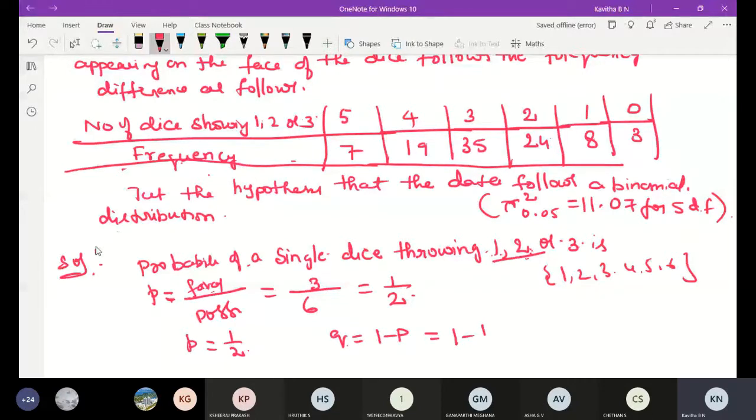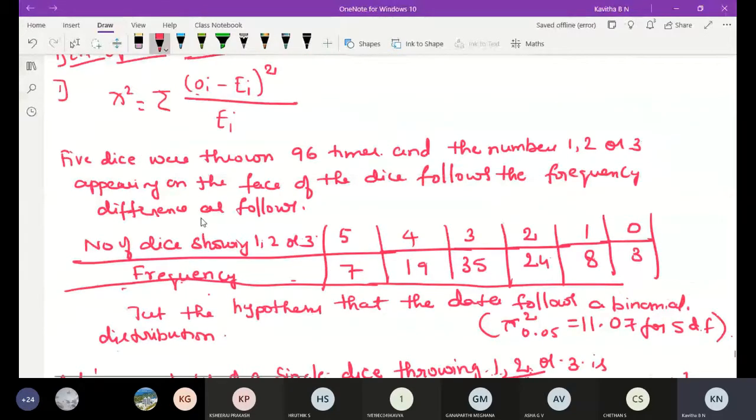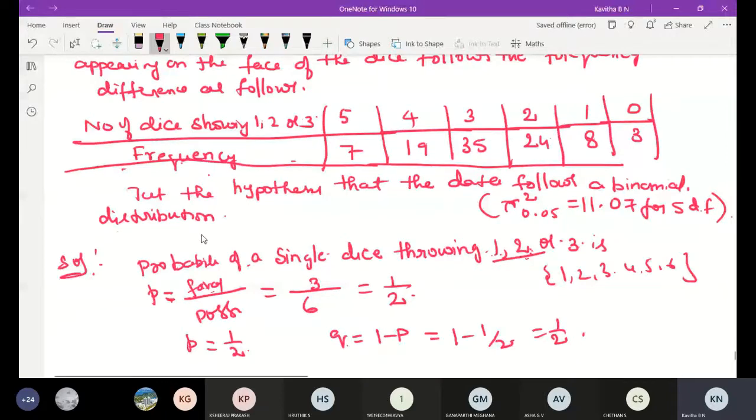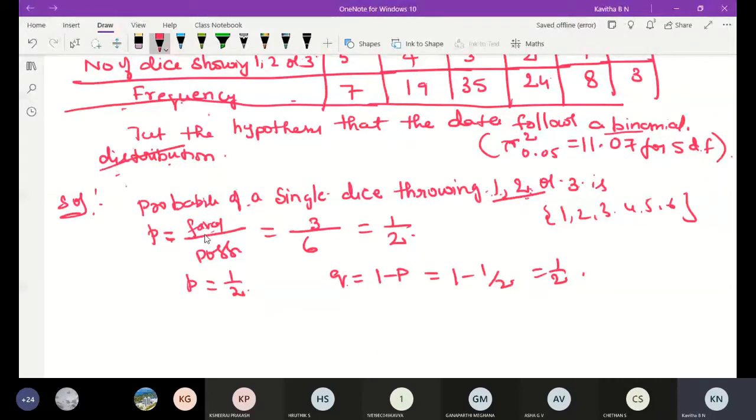Okay, here we have to use the binomial distribution. We need to find the expectation values, no? We have to use the binomial expectation. Write the binomial distribution formula: the binomial distribution is N into (q plus p) whole to the power of n.